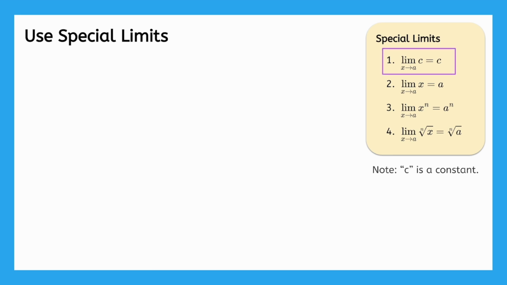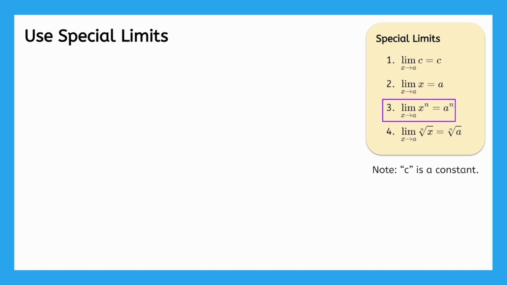The first special limit refers to the limit of any constant function c. As x approaches any value a, the limit of c is just c itself. The second special limit is the limit of the function x. The limit of x as x approaches a number a is simply that number a.